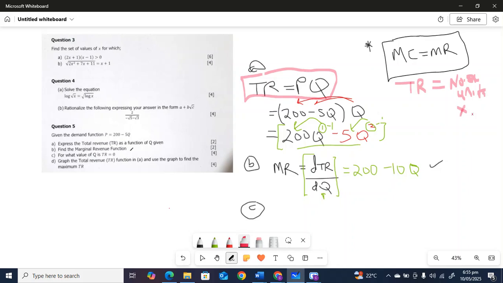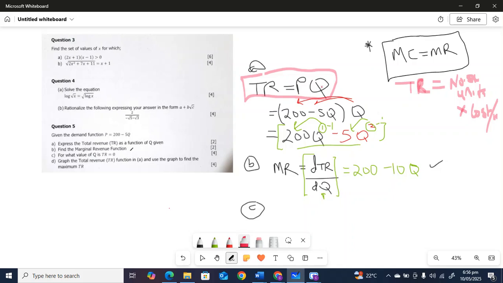Because if you forget these formulas, you will form the wrong functions. And always remember Q is going to be your variable of interest.